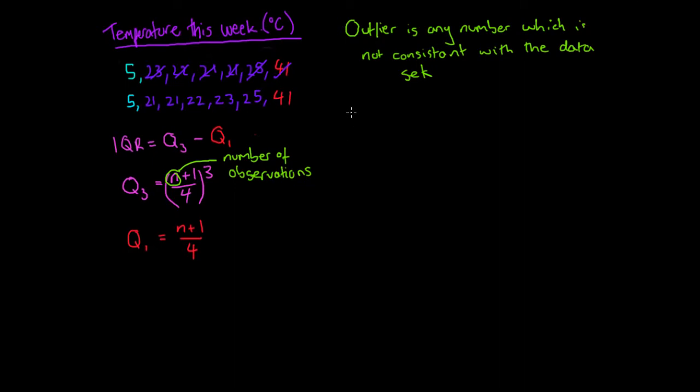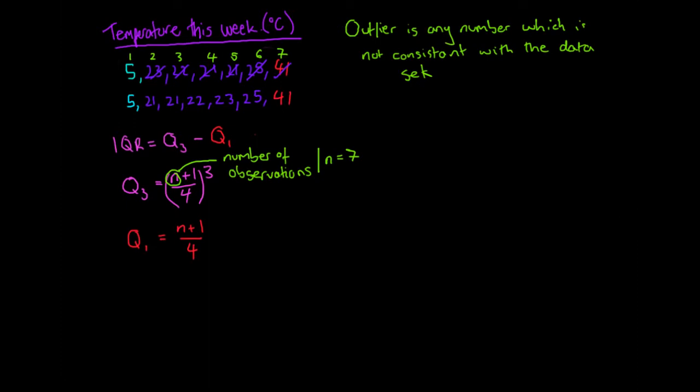To calculate that, we count the observations we have: 1, 2, 3, 4, 5, 6, 7. So our n is equal to 7. We know that's the case because there are 7 days in a week, and I counted the temperatures for every day of the week.